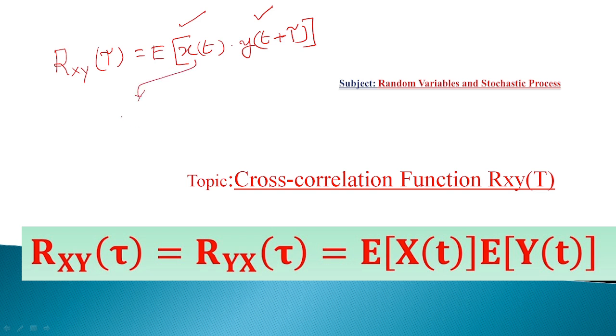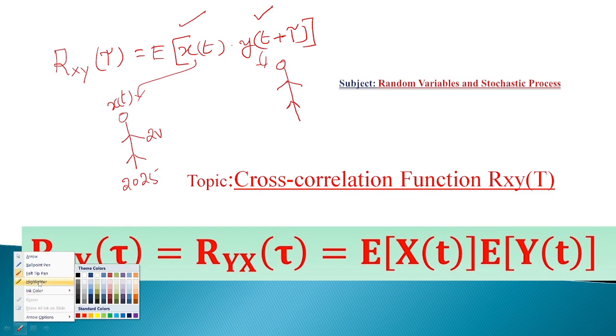This is the x of t I am assuming here. X of t, just an assumption. This is the x of t and the time is in 2025. It is having 2 volts. And this is one more signal I am assuming here.